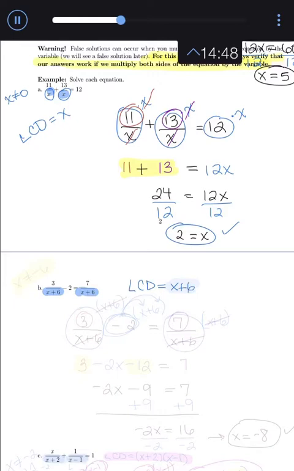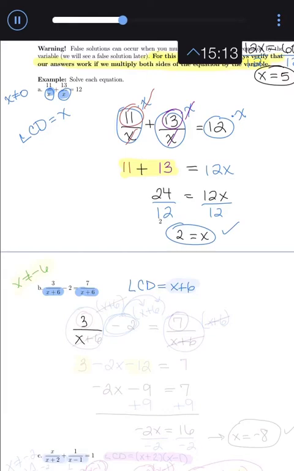Now notice, the only answer that is not okay in this problem, that will make your denominators equal to 0, would be a negative 6. So the only thing we can't get here is a negative 6. If we get anything but a negative 6, the answer will be nice and valid and we can use it. So let's go ahead and go on to the problem.